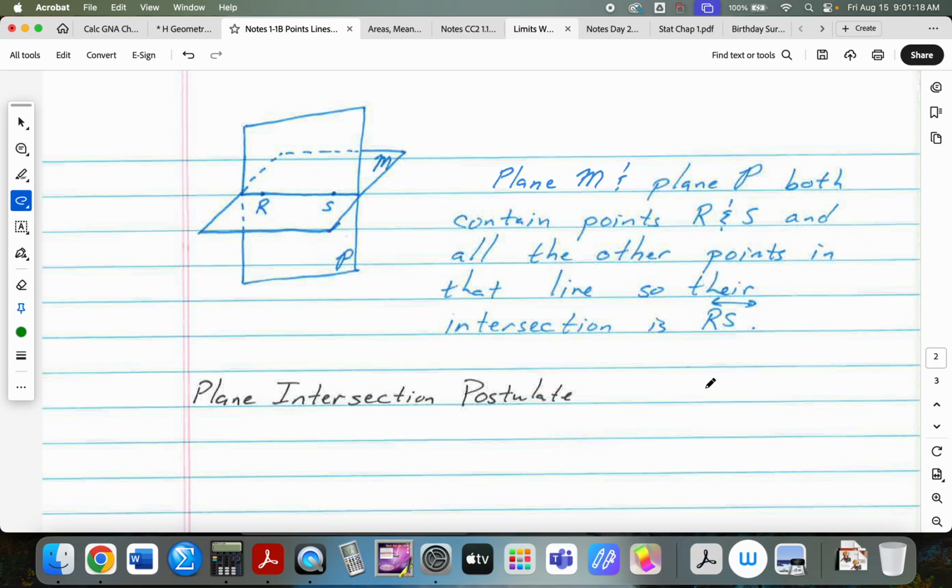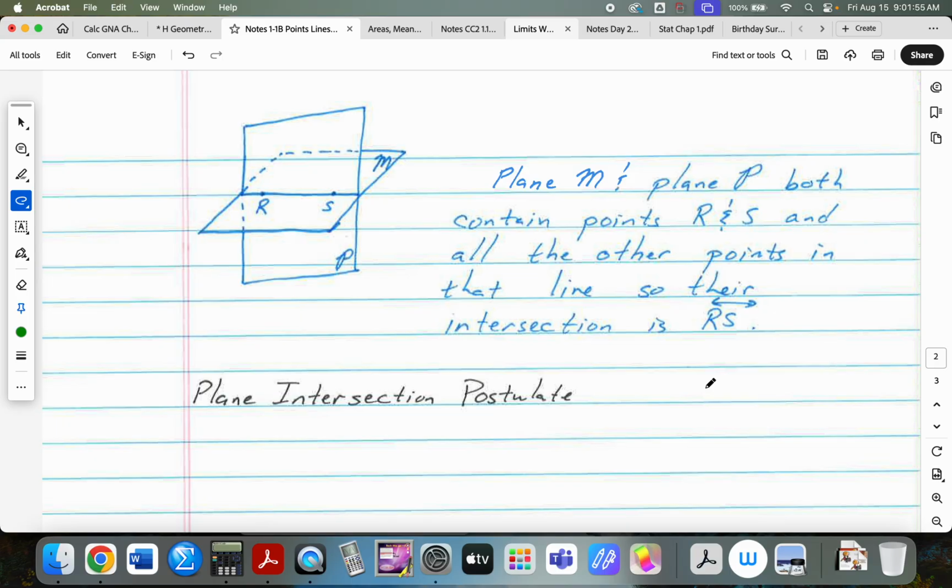Cheap homemade visual aids. Like that. Okay?